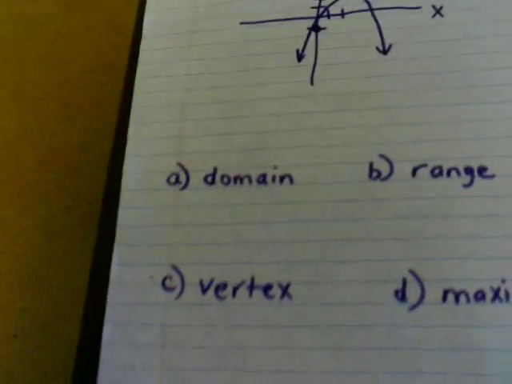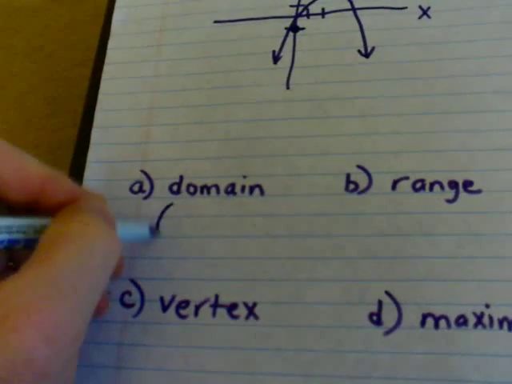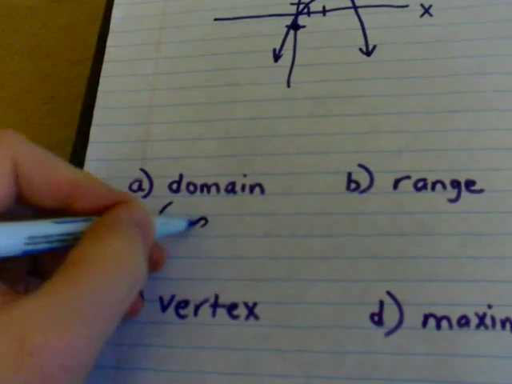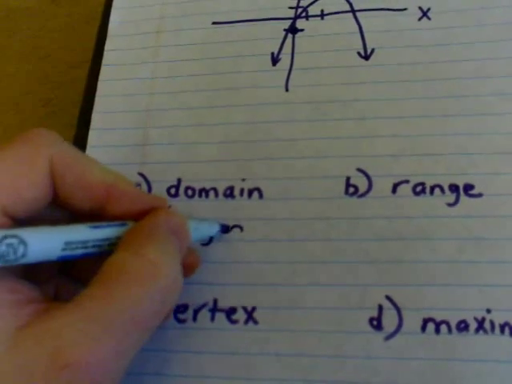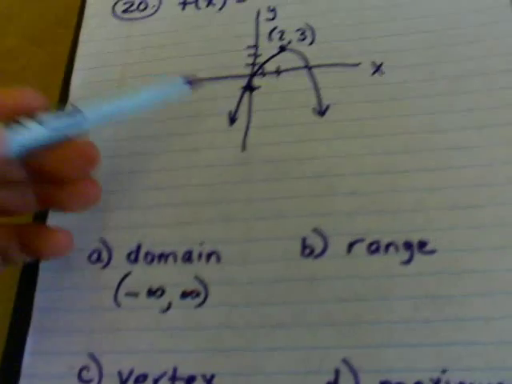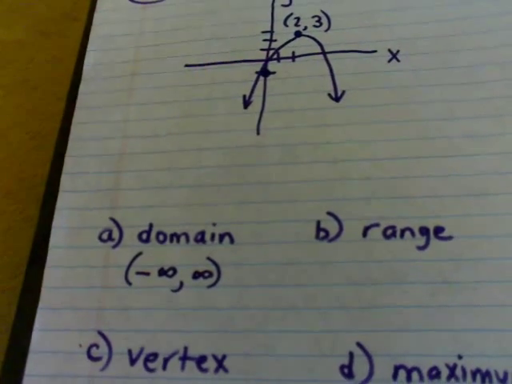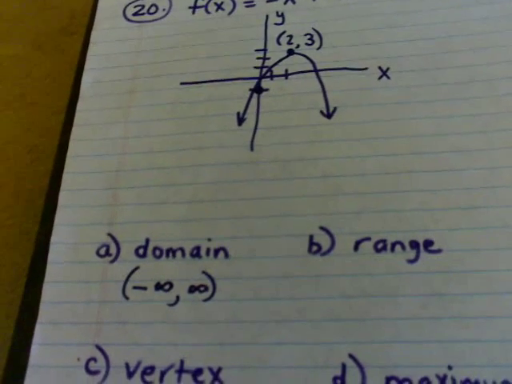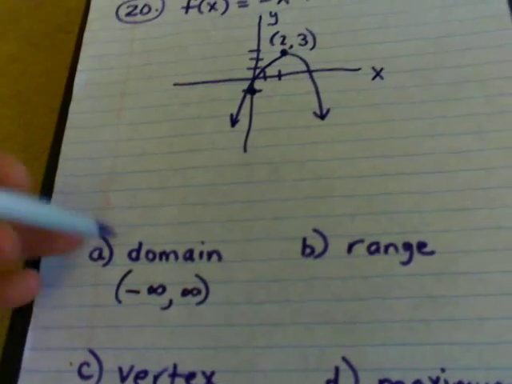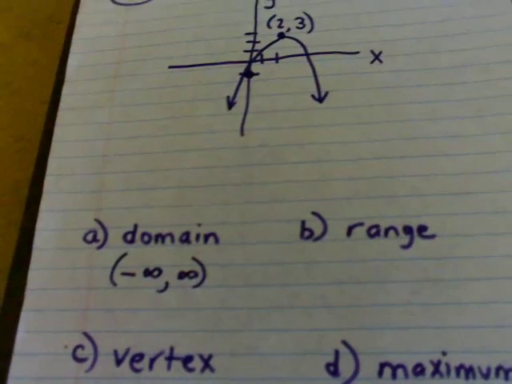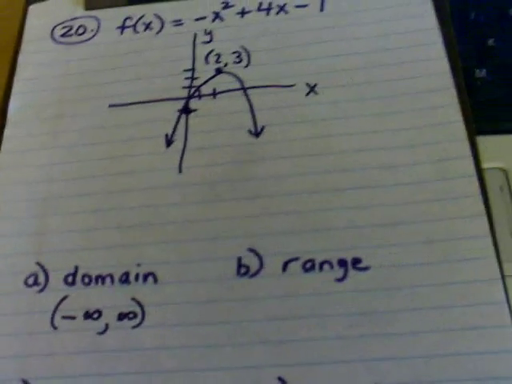Now, when I ask you to find the domain of this function, basically the domain of any parabola that's a function is going to always be the set of all real numbers. Because think about what happens here. As these branches are going down, they're getting wider and wider and wider. So your scan from left to right, which is what you do for domain, is going to go across the entire x-axis.